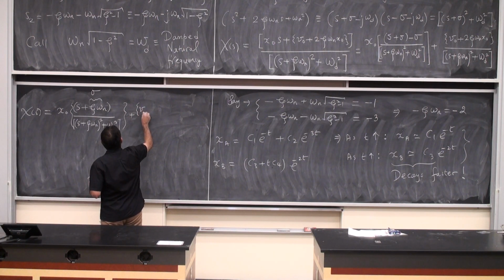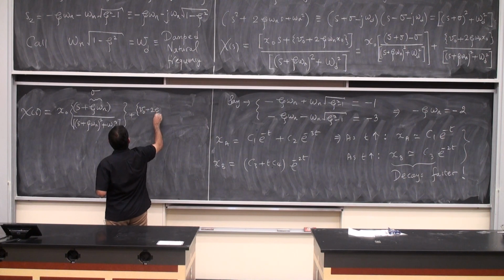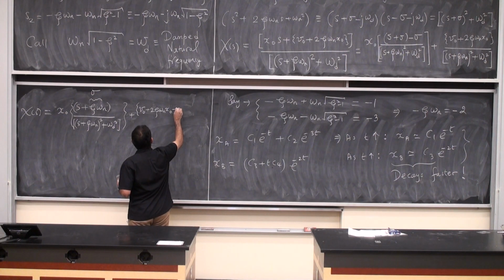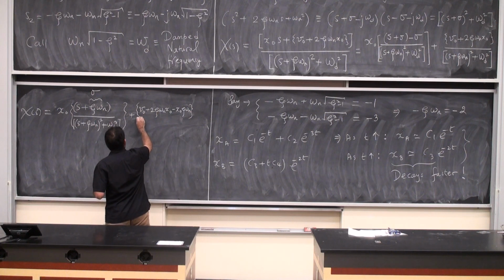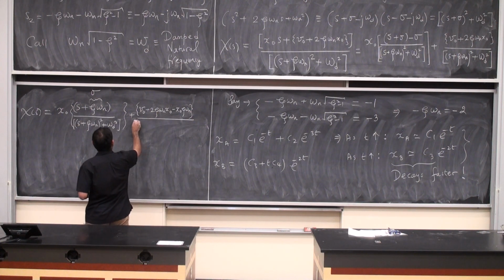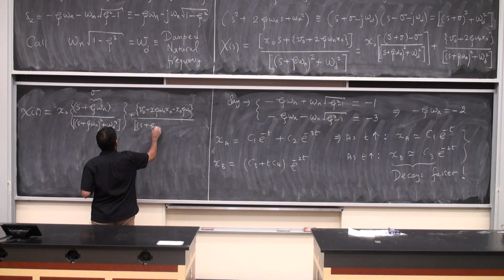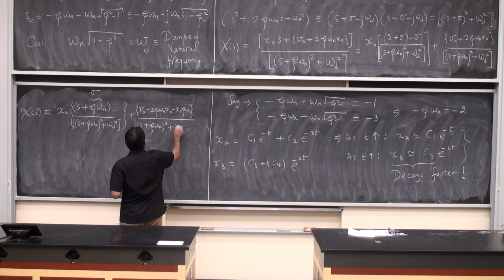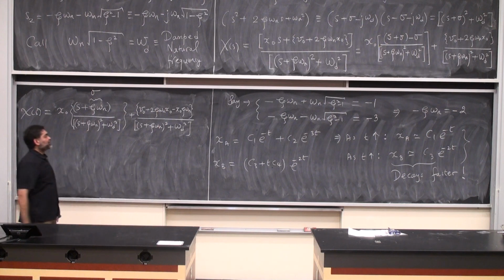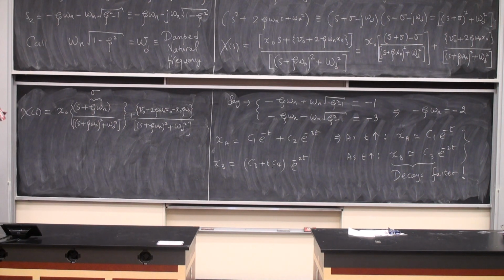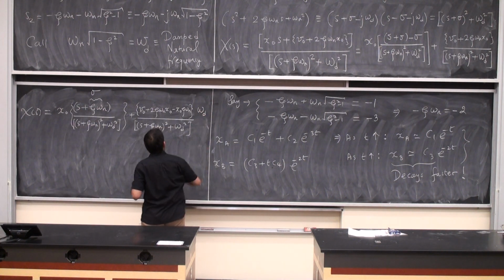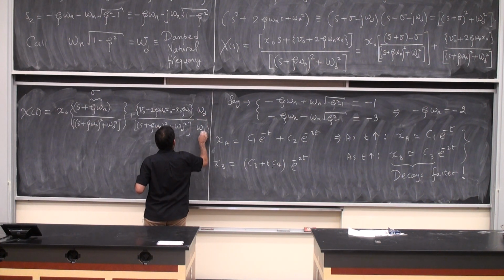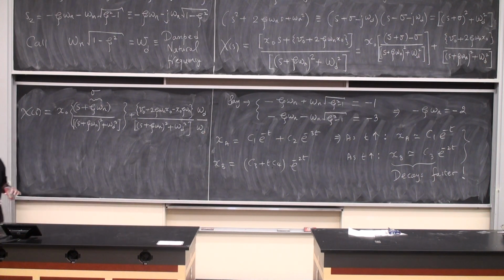So that's v naught plus 2 zeta omega n x naught minus x naught zeta omega n, divided by (s plus zeta omega n) whole square plus omega d square, and for that last term I will multiply by omega d and divide by omega d.